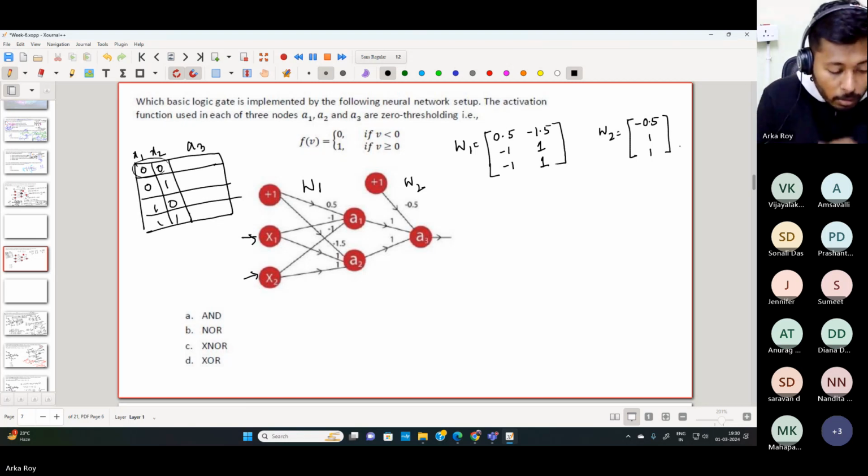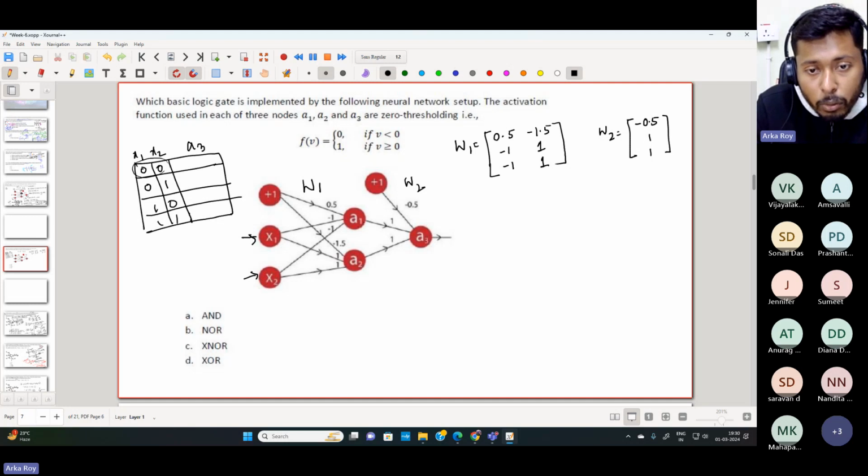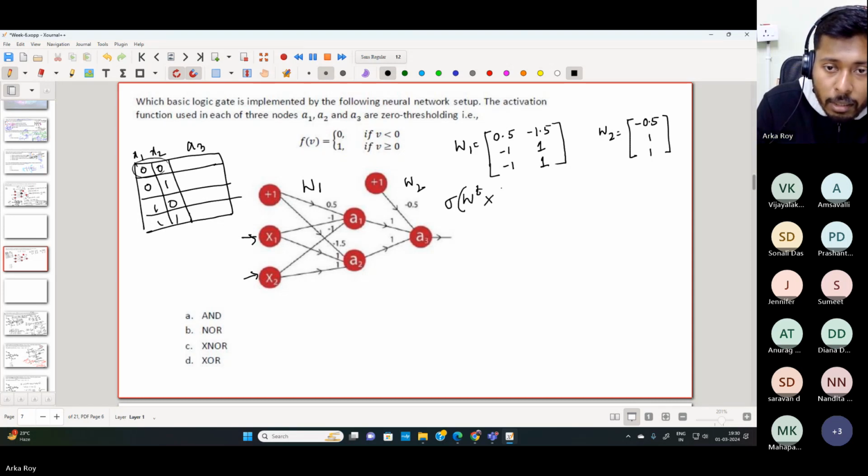Now, when you have to feed the data into this deep learning model, or MLPNN model, you need to do these operations: W transpose times X, followed by the nonlinear activation. So let us start doing this whole thing for this particular layer.